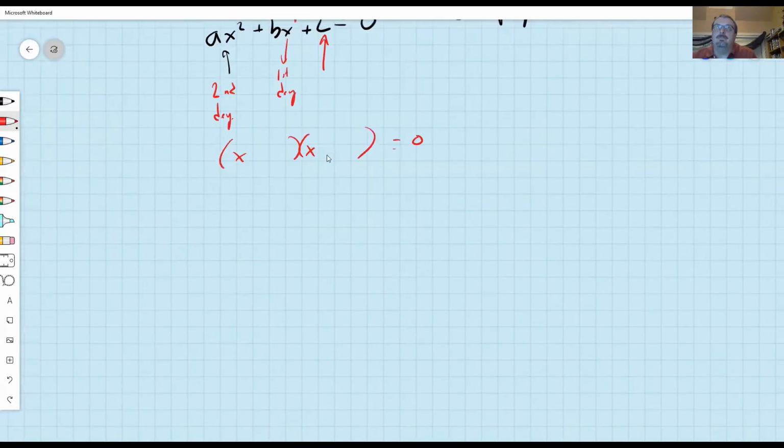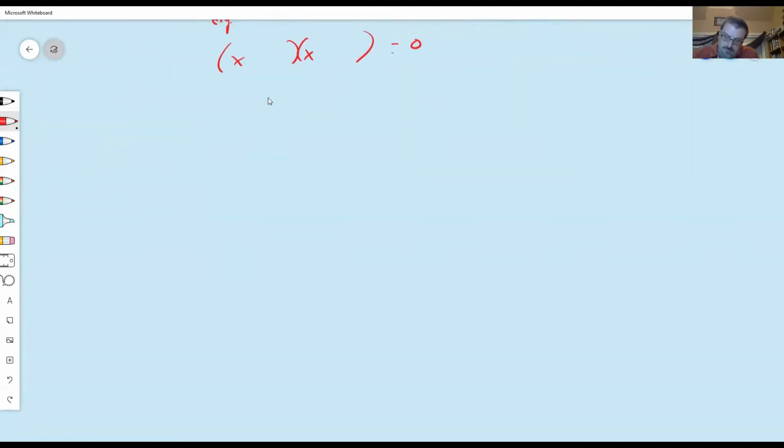So let's take a look here. Example. I'm going to solve, so I want x equals something in the end.